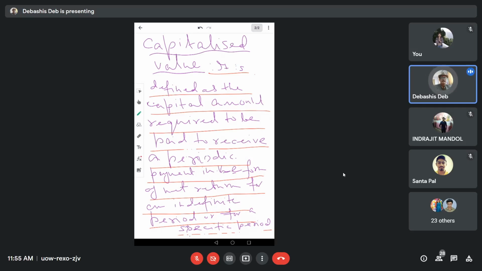Without constructing a building, for temporary use, he may use the land as a garage or for storing his materials. In this case, I purchased the land for 50 lakhs. So 50 lakhs is the capital value, because it is the amount required to be paid to receive a periodic income in the form of net return.